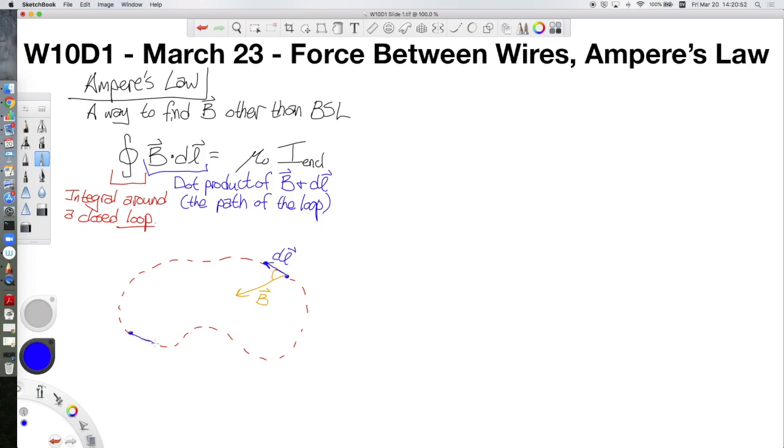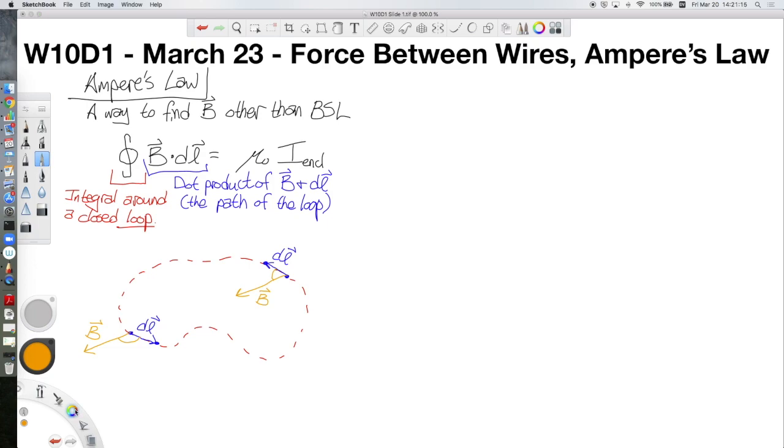It's usually convention to go counterclockwise around these loops, so that's what I'm sticking with. We would again find the magnetic field at that location, take the dot product of it with this tiny little length element, and then we would add up all of those pieces together for the entire loop.